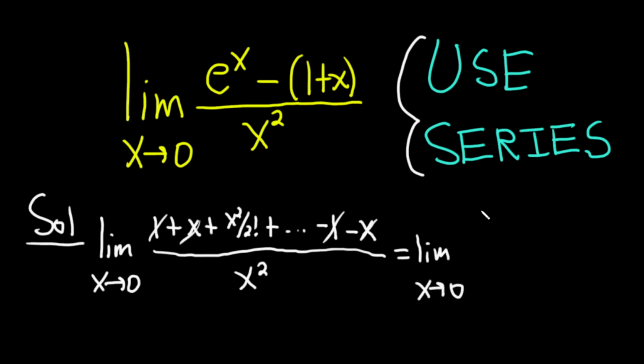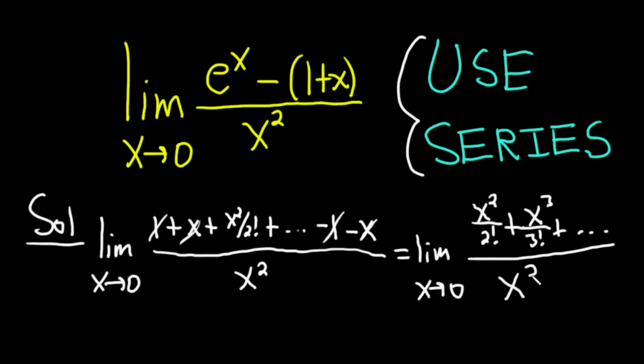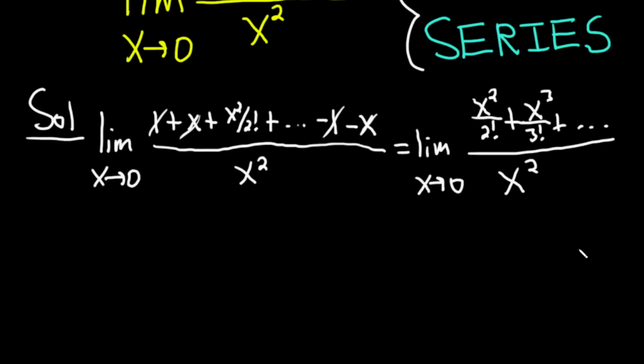So here we have x squared over 2 factorial. The next one is x cubed over 3 factorial, etc. That's in the numerator. And the denominator, we have x squared. So now what we can do is factor out an x squared from the numerator. So this is equal to the limit as x approaches 0.